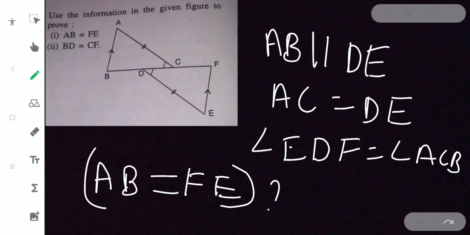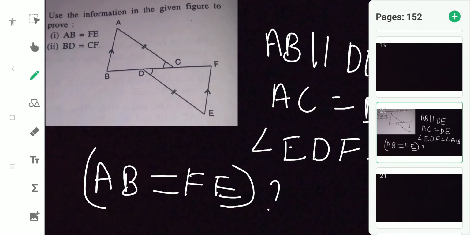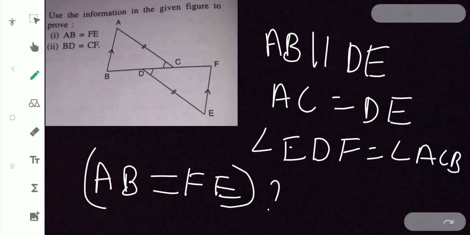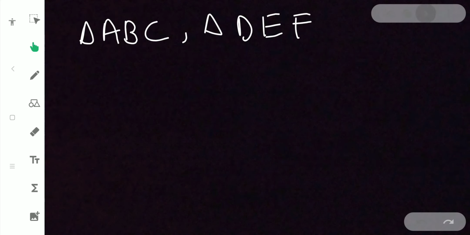So consider triangle ABC and triangle DEF. Now let us see what informations are available for us. AC is equal to DE.